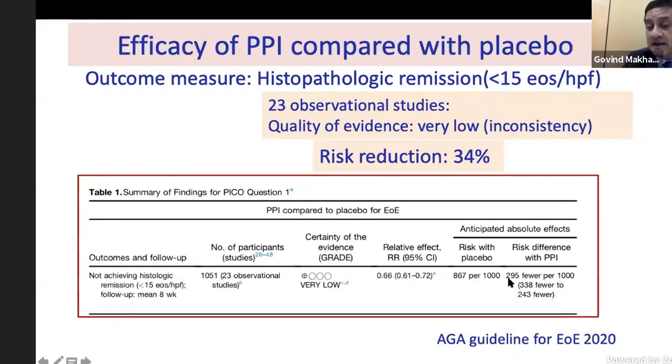But if you give PPI compared to placebo, almost 300 more patients will show a response. Am I clear? That risk reduction is 34% compared to placebo. If you treat 1,000 patients, 867 will have persistent disease, and if you give PPI, 300 patients will show a response compared to placebo.